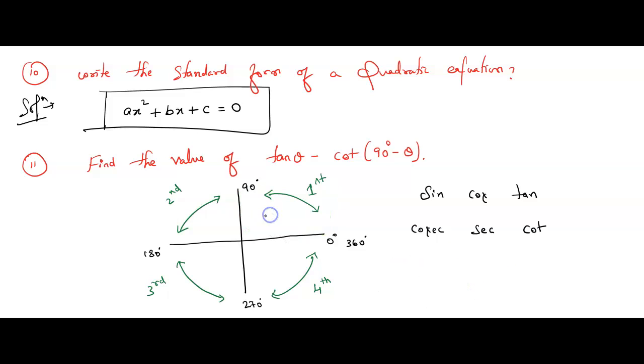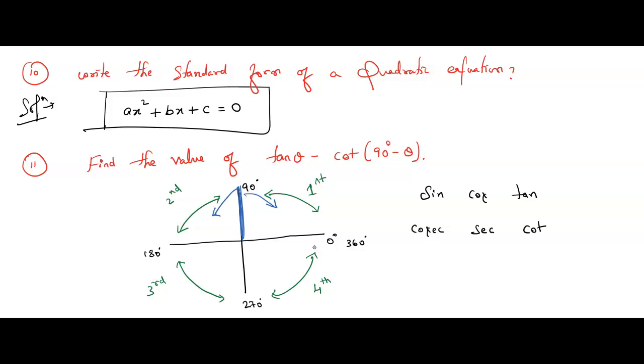Now I just wanted to tell you one thing. See here, 90 degree. Theta means angle. 90 plus theta: this line is 90 degree, right? 90 plus means it comes to the second quadrant. 90 minus means it comes to the first quadrant.